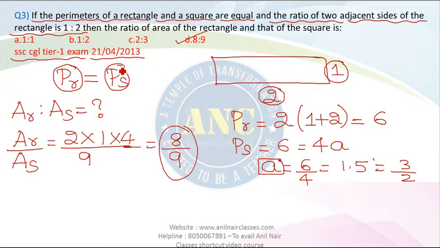Please see the source of this question. This is your original SSC CGL Tier 1 examination question, which was asked in the year 2013. I hope the idea is clear. 95% of the questions we are taking in mensuration are original examination questions.